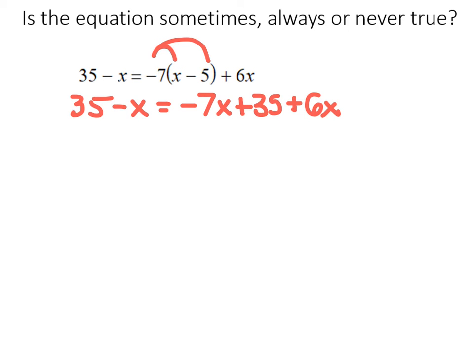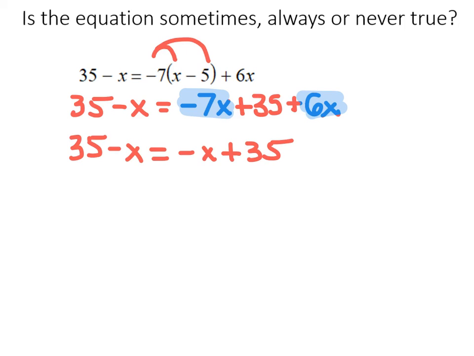Now again, the left side is already simplified, so we're just going to rewrite it. So it's 35 minus x, and on the right side we have to combine our like terms. So we can combine the minus 7x and the plus 6x.